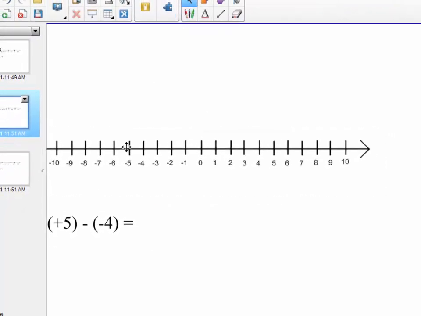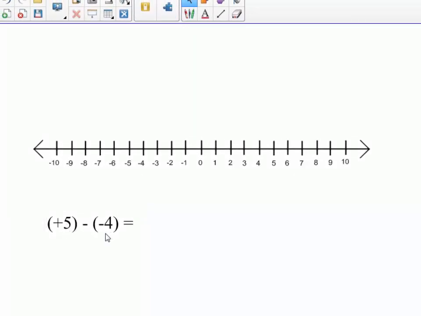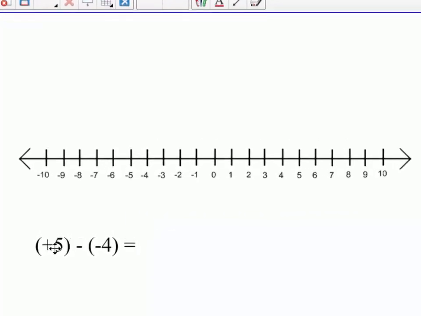Let's go to another one. We have a number line and another algebraic expression. Again we have to locate the first integer, so it's +5. +5 means here. After locating that on the number line, I go up a little bit to continue to my second step.